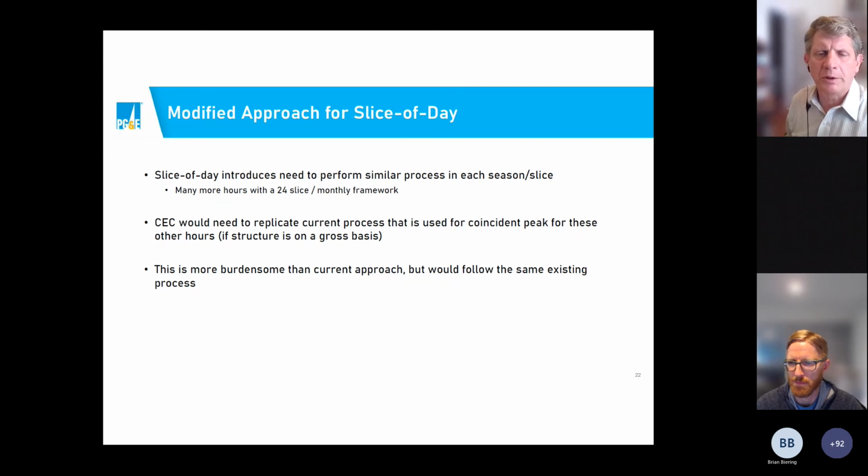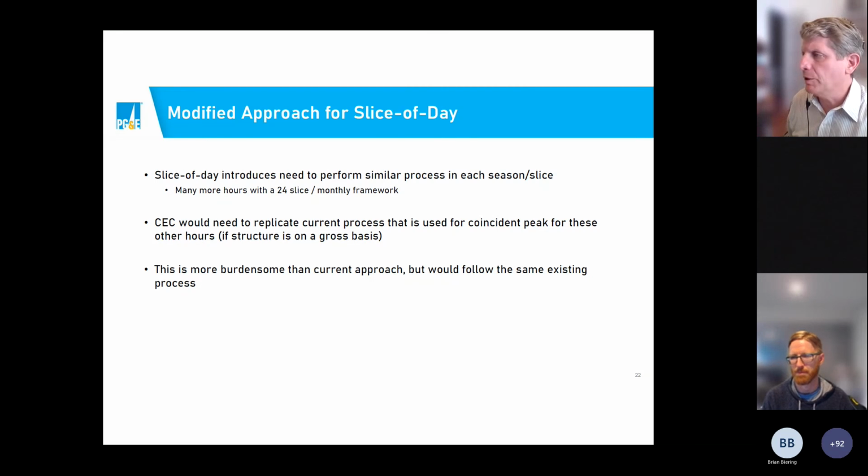The first two workshops were on the structure, the third and fourth being on resource counting, the fifth and sixth essentially being on need determination and allocation. The seventh one essentially being a wrap up, a summary of the slice of day before moving to other issues.